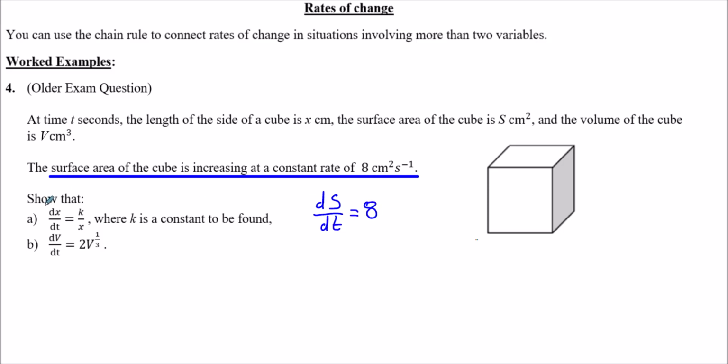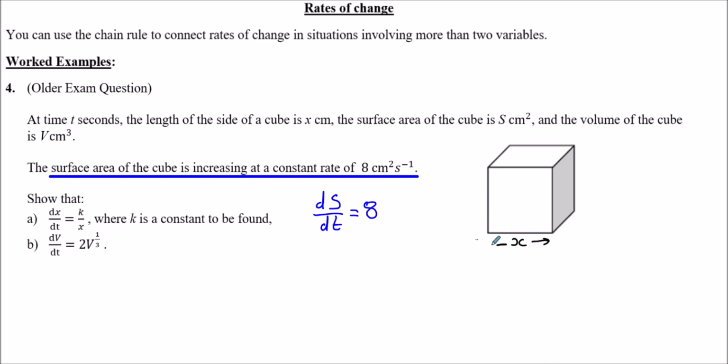So for part A, we need to show that dx by dt is k over x, where k is some constant to be found. And then we need to show that dv by dt is 2v to the 1/3. So let's first of all just start with what s is. So just remembering some basics about a cube here, really. The length of the side of a cube, we're told, is x.